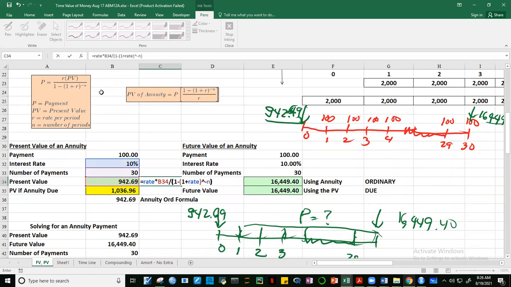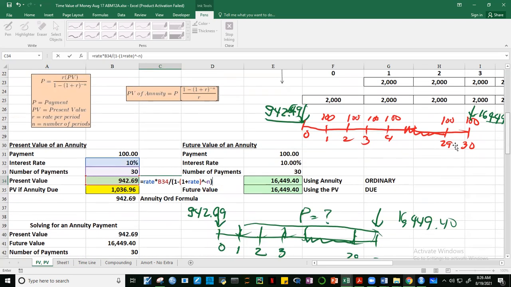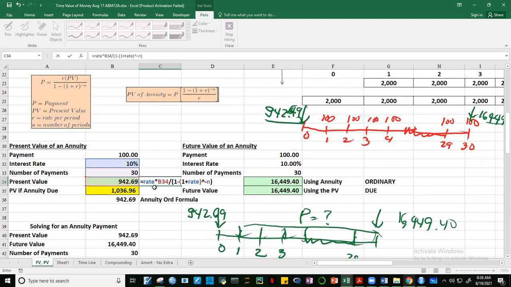Then I'll close this. So that's your rate times your PV divided by quantity 1 minus 1 plus the rate raised to the negative n. All right. I think this is correct. Control enter. And we get 100.